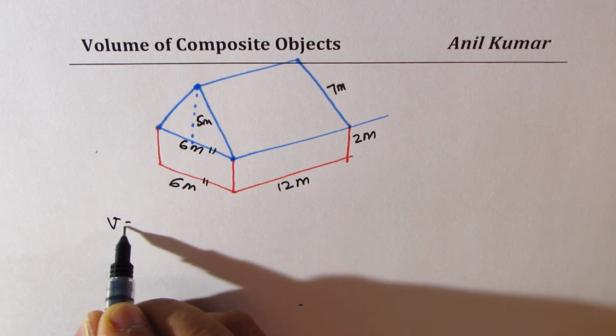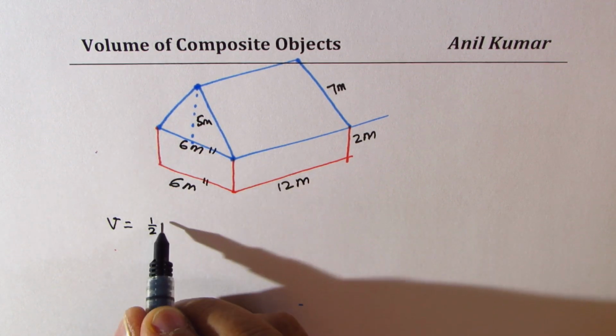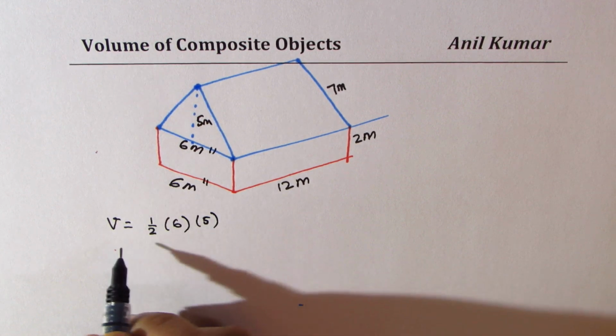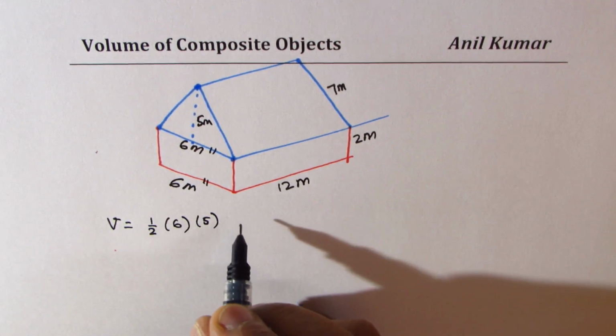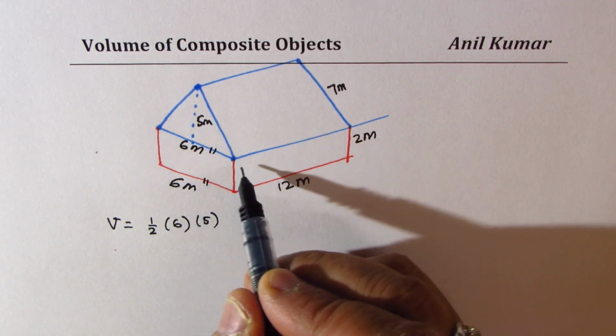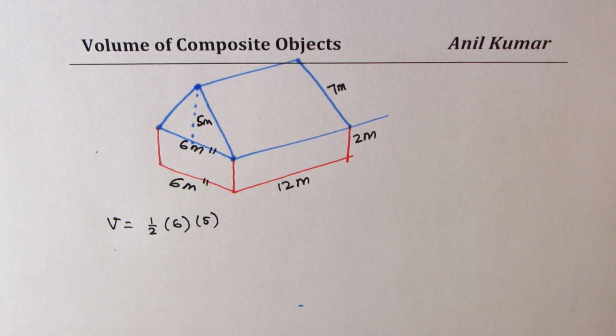So here the volume is the area of the base, which is half, base is 6, times height of 5. Do you see? That's the area of the triangle, times the length, which is 12 meters.